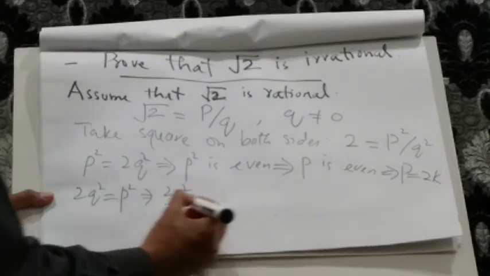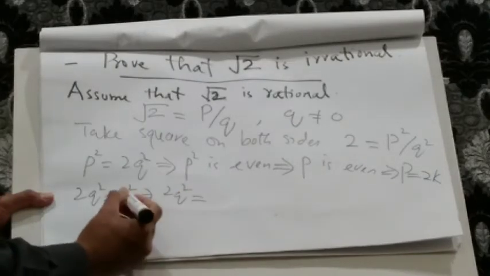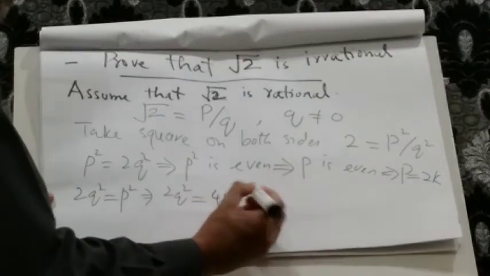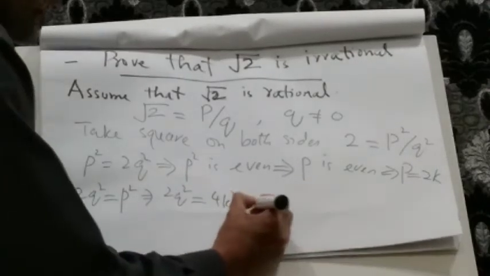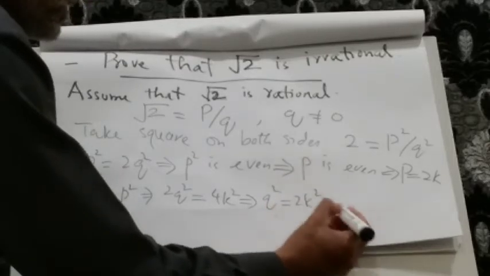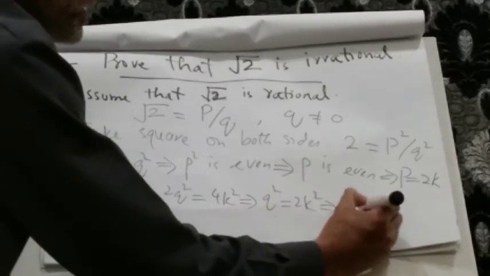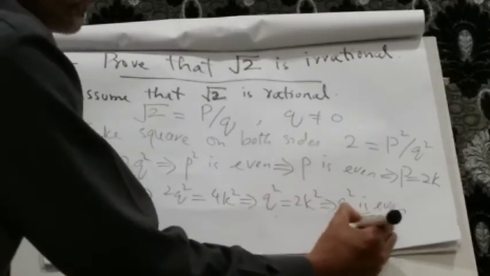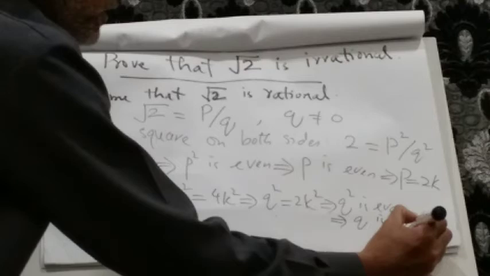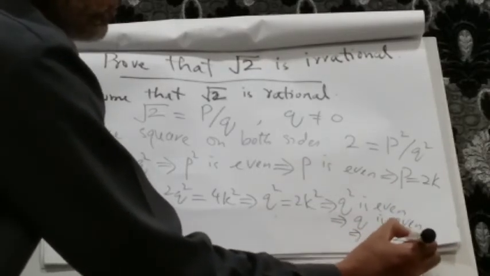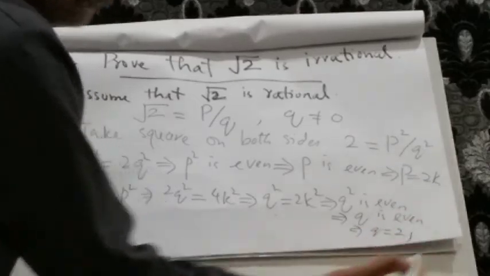Because p is equal to 2k, p square will be 4k square, and that will give me q square as 2k square, which essentially means that q square is also even. And if q square is even, then q is even. And if q is even, then q can be written as 2, let's say, j.